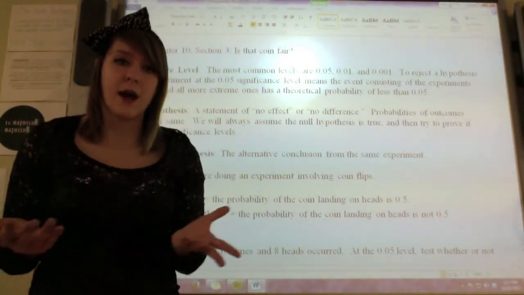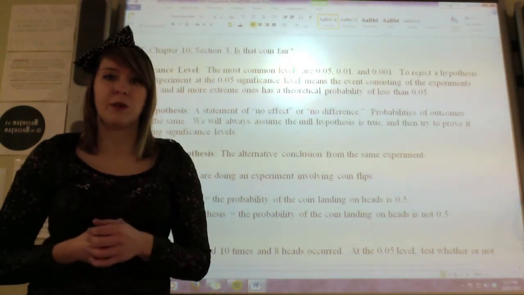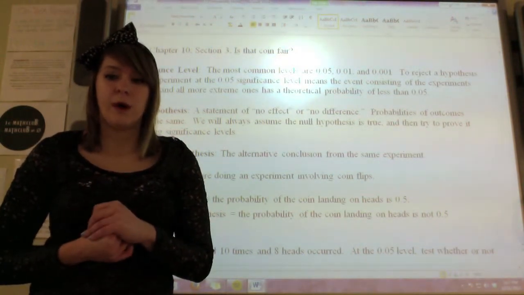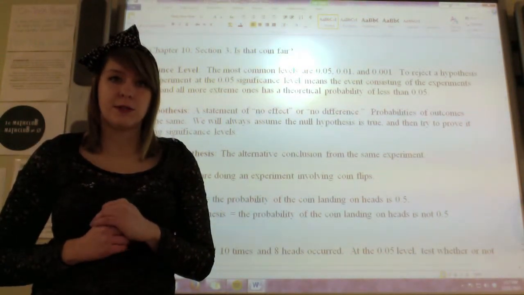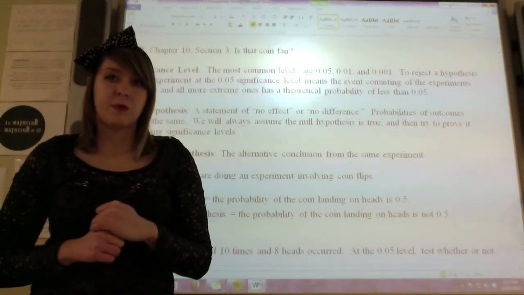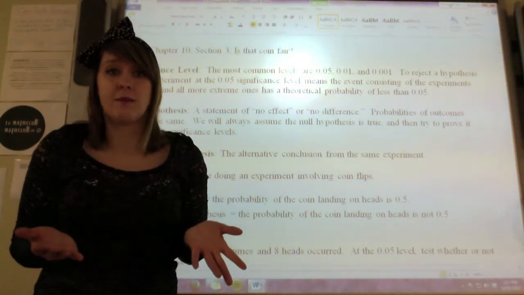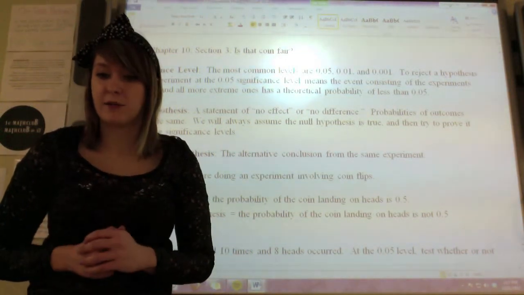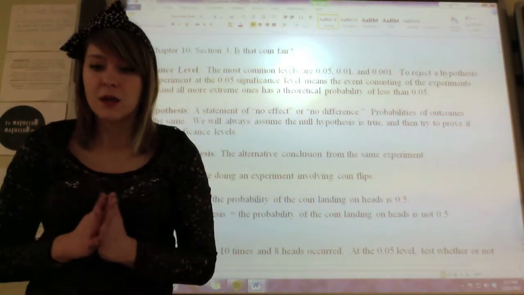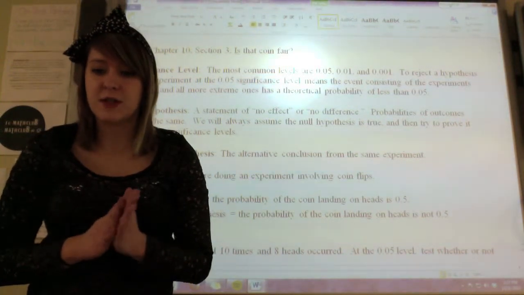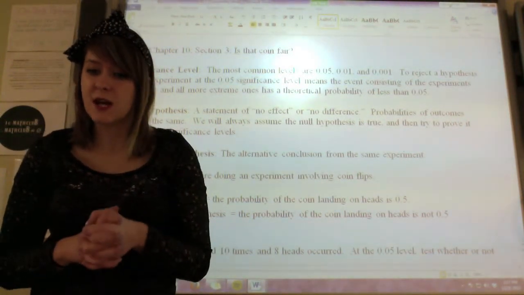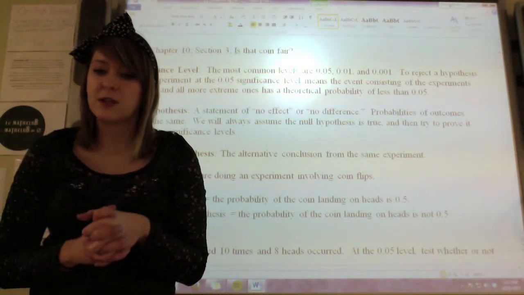Okay, so we're asking what's the probability that she'll be able to guess the suit? Well, I know that there are 4 different suits in a deck of cards, so the probability is that she will guess 1 out of 4 times, right? So a 25% probability. If you draw a card 25 times and your friend correctly guesses the suit 9 times, would you be convinced that your friend was psychic?